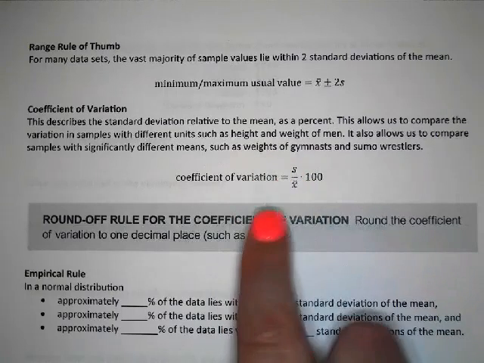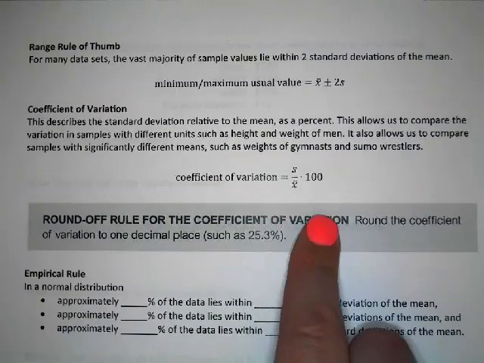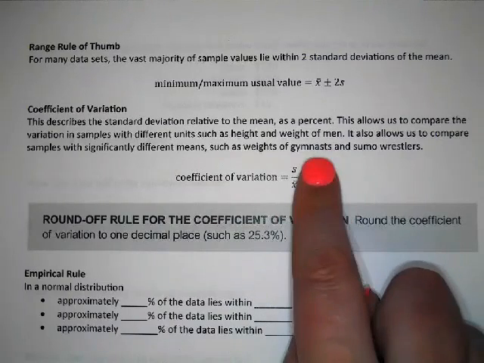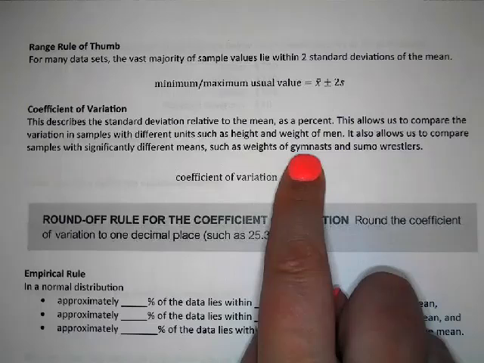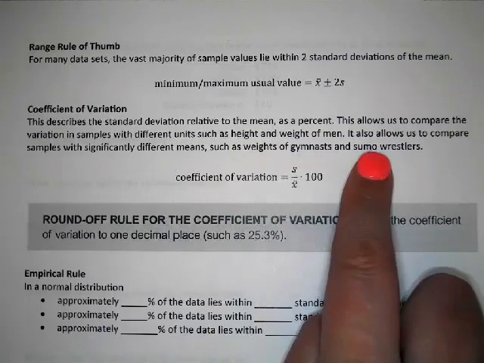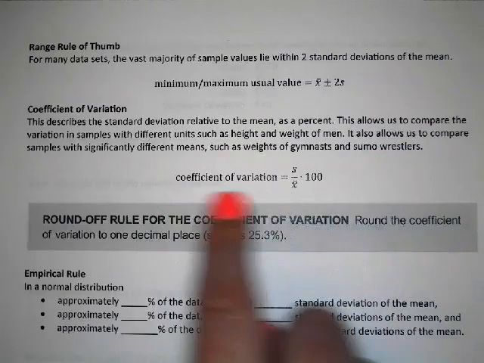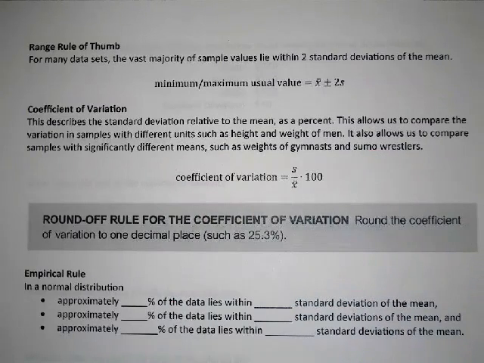That standard deviation means a much different thing if you're talking about a gymnast who doesn't weigh a lot versus a sumo wrestler who does. There might be a lot more variation in a gymnast, and a sumo wrestler would have not much variation at all, and you would be able to see that by looking at the coefficient of variation.